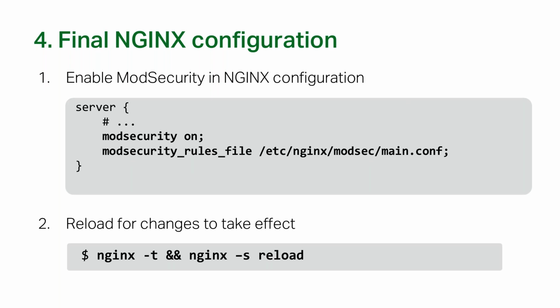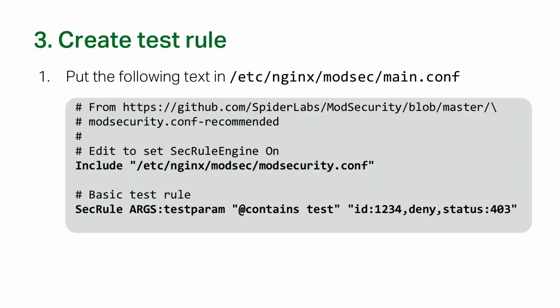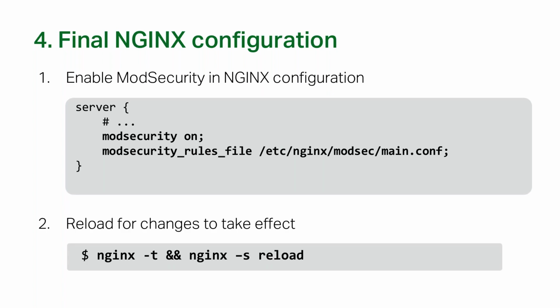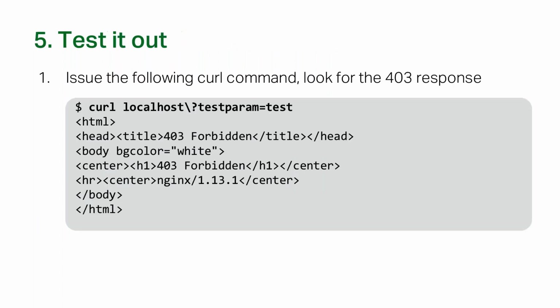We can then very easily enable this for a particular server on NGINX. So for a particular server, we turn on ModSecurity and we pull in the main.conf file that we showed on the previous slide here. Reload NGINX, so nginx -t to test the configuration is correct, -s reload to reload it, and then we can test it very simply.